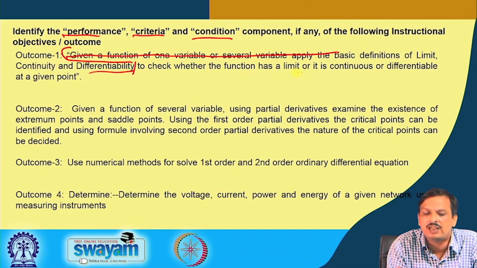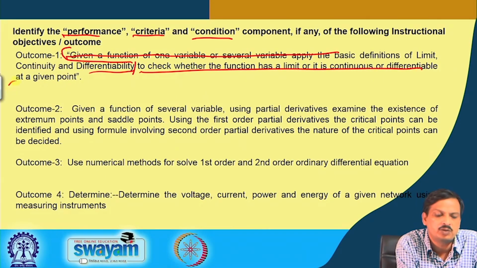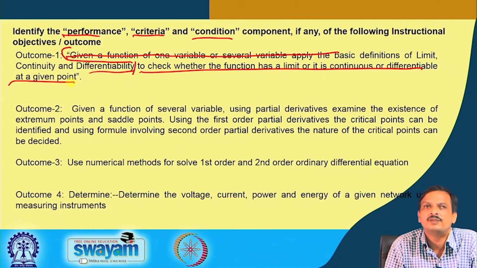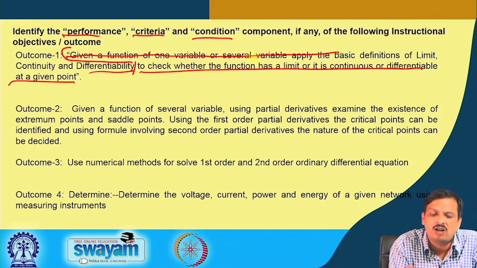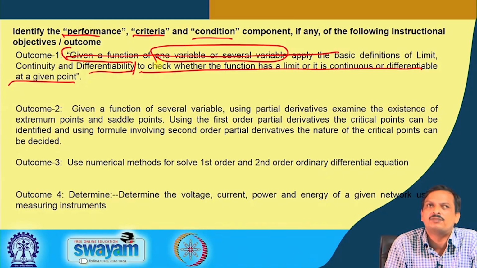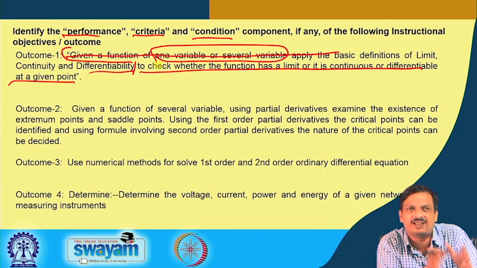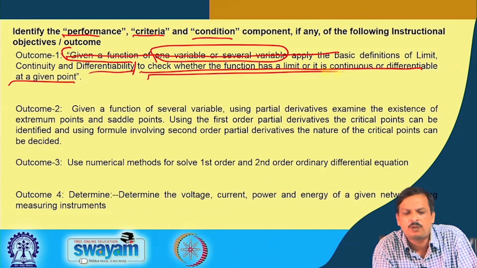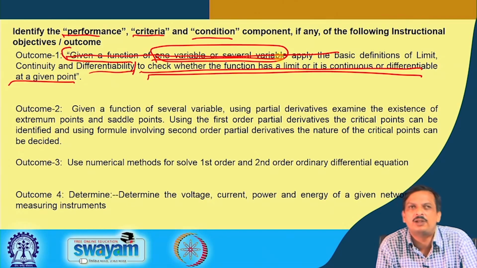Check whether the function is limit divisible at a given point is the performance component. One variable, several variables may be the criteria component, because it limits the performance. So what is given? This is given. What has to be done? You have to perform this. Up to what level? One variable and several variables.